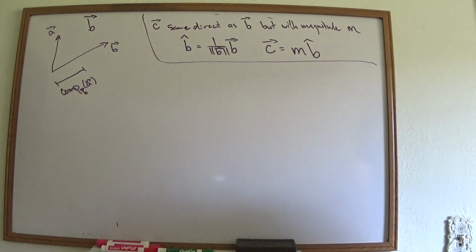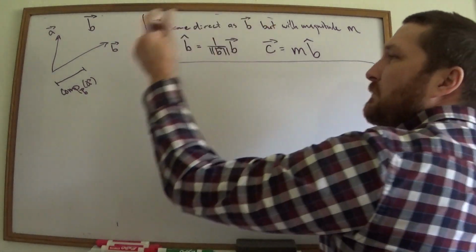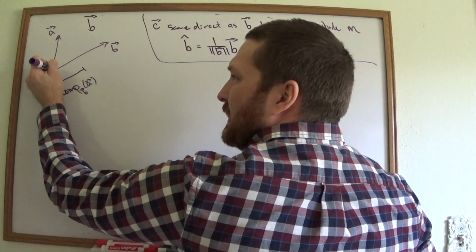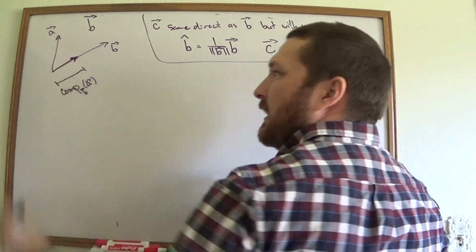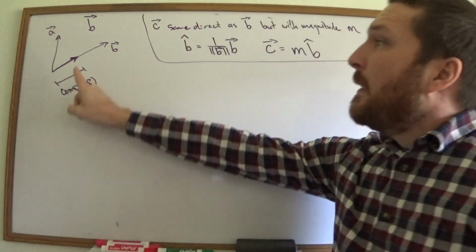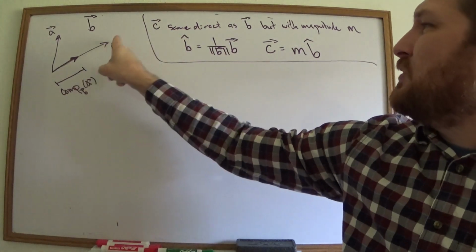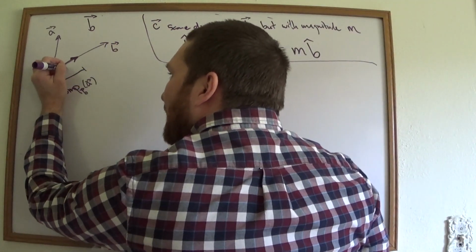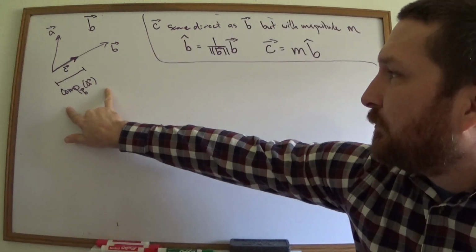Now, let's say I want a vector C that's in the same direction as B, but has that length.